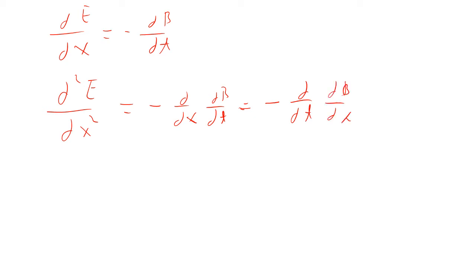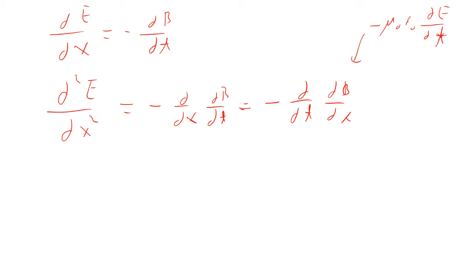But we already just saw that dB dx is minus mu naught epsilon naught partial of e with respect to time.